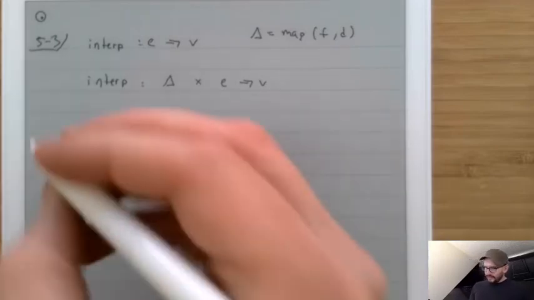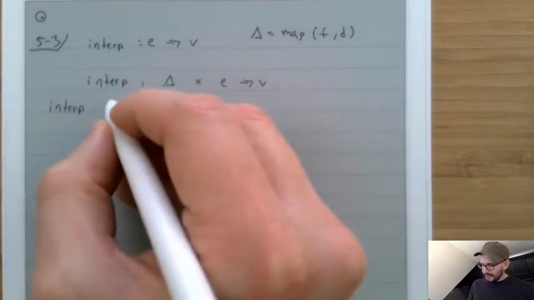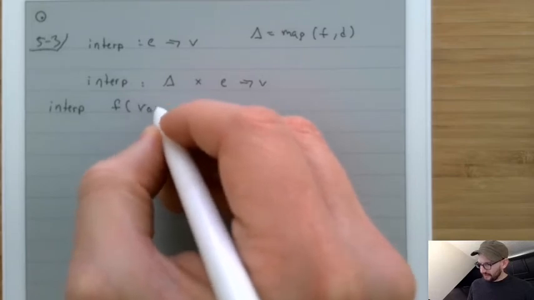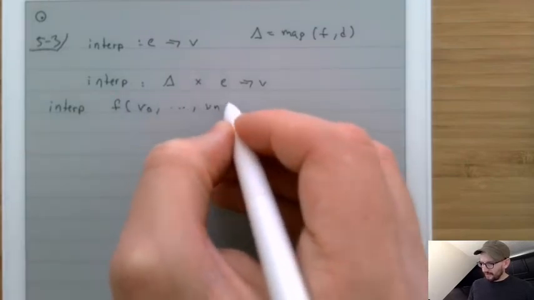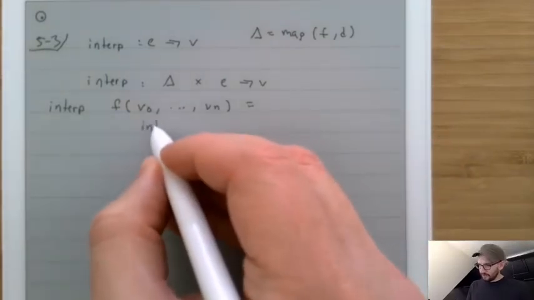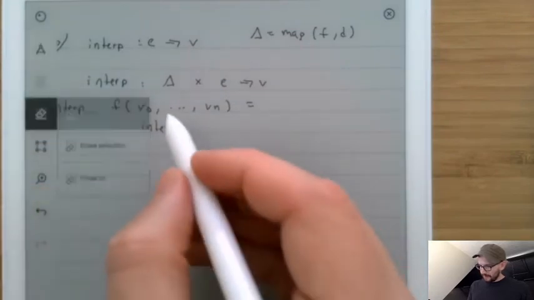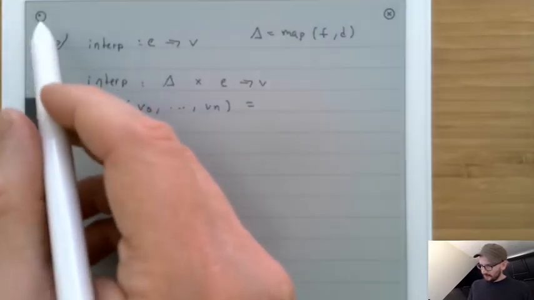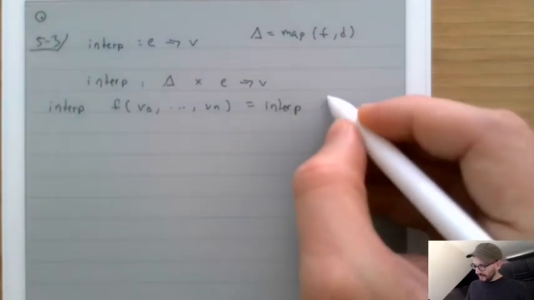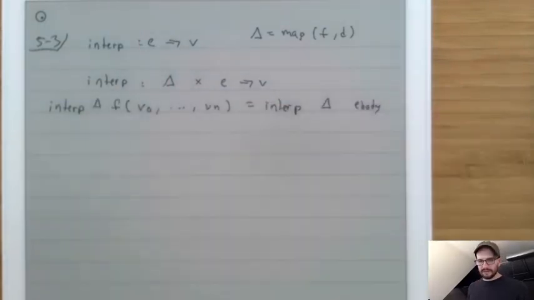And the main thing that we need to do is if we ever call interp and we get a function call with some variables v0 through vn, then what we need to do is call interp with the same delta on the body, okay?